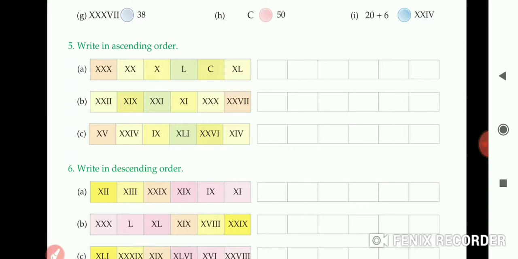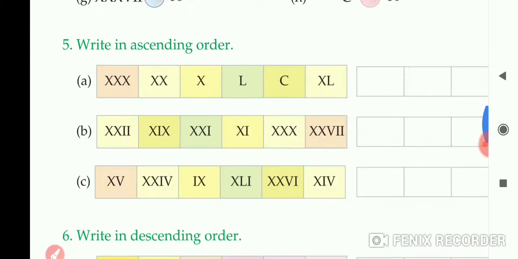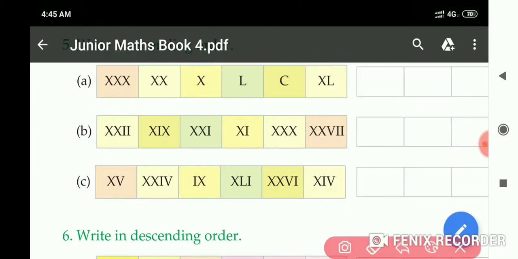Identify the Roman number and then arrange them in ascending order. First one is 30. This is 20, 10, 50, 100. It is 40.